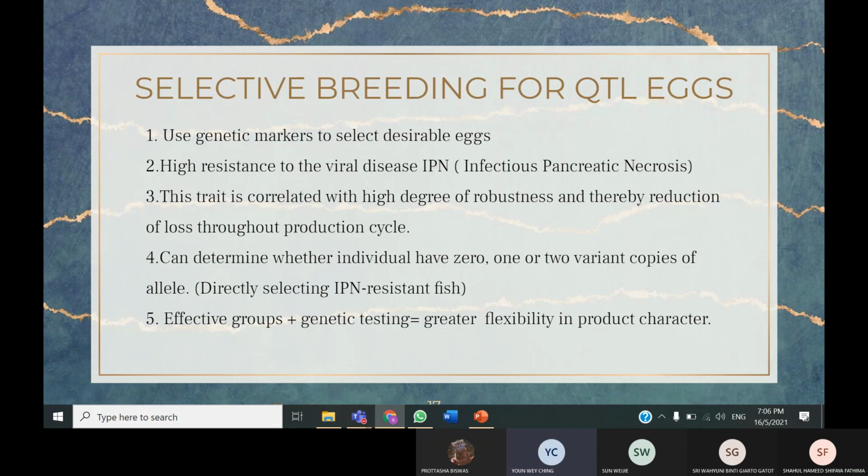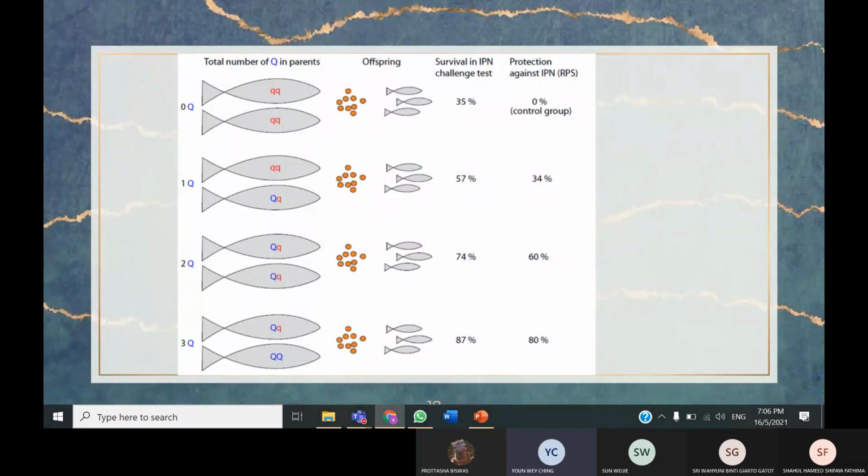And we can also determine whether individuals have 0, 1, or 2 variant copies of the allele by directly selecting the IPN resistant fish. And the theory involved here is the infective group plus genetic testing equals greater flexibility in product character.